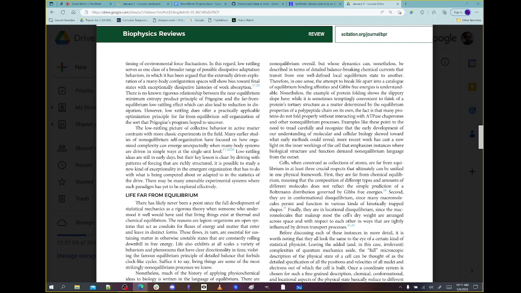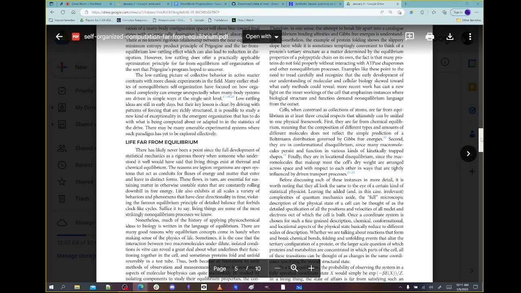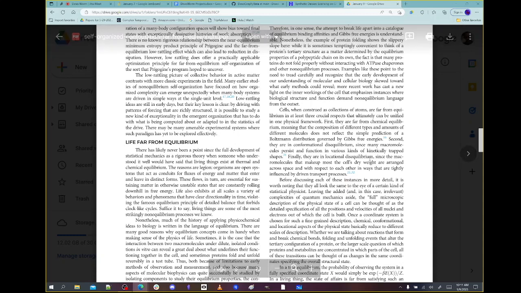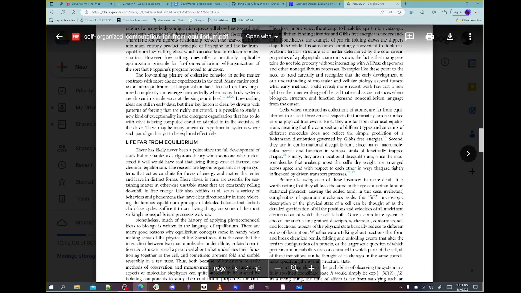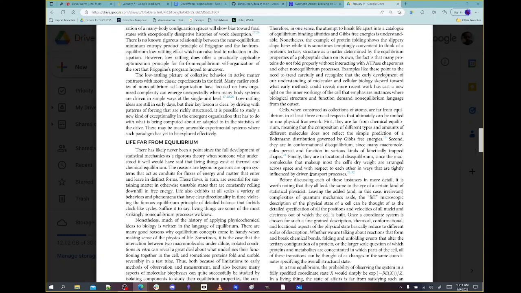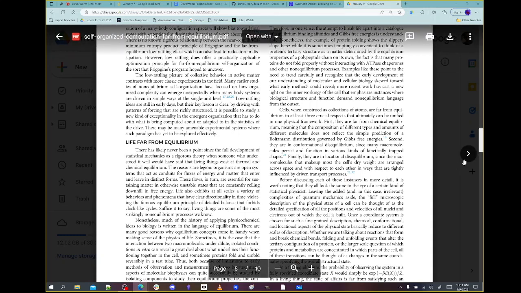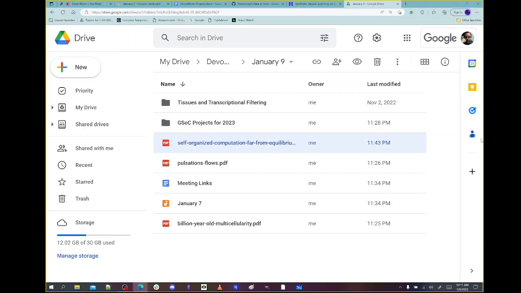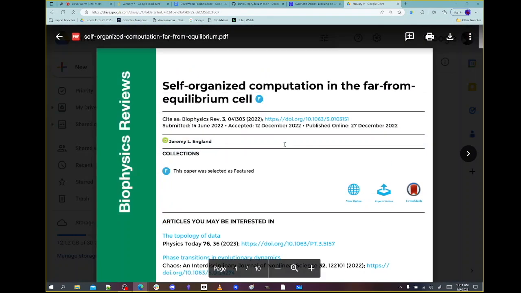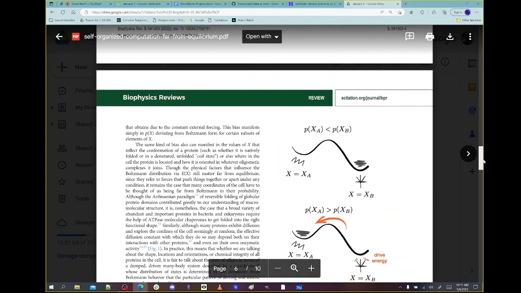They're far from chemical equilibrium, they're in conformational disequilibrium, and they're in locational disequilibrium, since macromolecules are arranged across space, but in ways that are tightly influenced by driven transport processes. So this means that living systems are very amenable to this sort of approach and this sort of explanation.